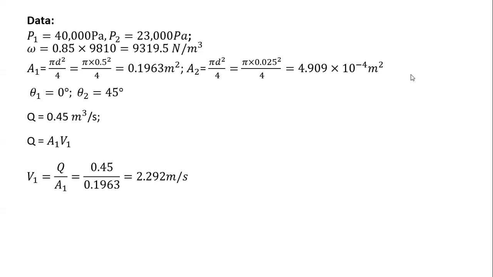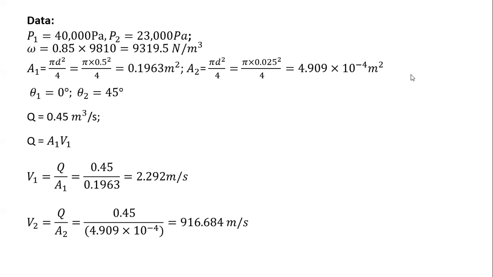If I want to find velocity 2, I should do the same thing here. So I'll say V2 is equal to discharge over area 2. Coming from that, because A1 V1 is equal to A2 V2. So that divided by the area, and that's my answer, 916.684.